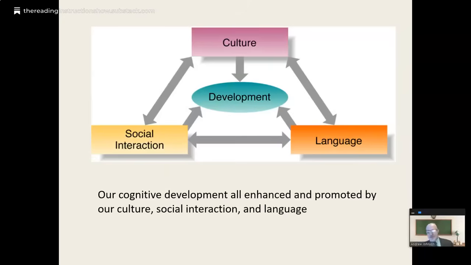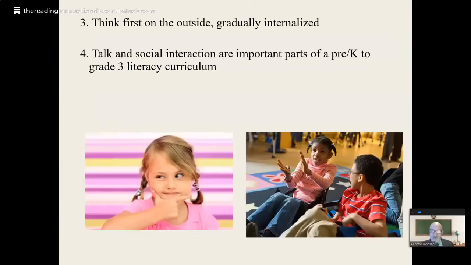Today it would be movies, internet, media, people, our social interactions with others, and language. These are all very important in the cognitive development of children, but I would say K through adults. More on that. And again, this thought will be reinforced, but thinking occurs first.